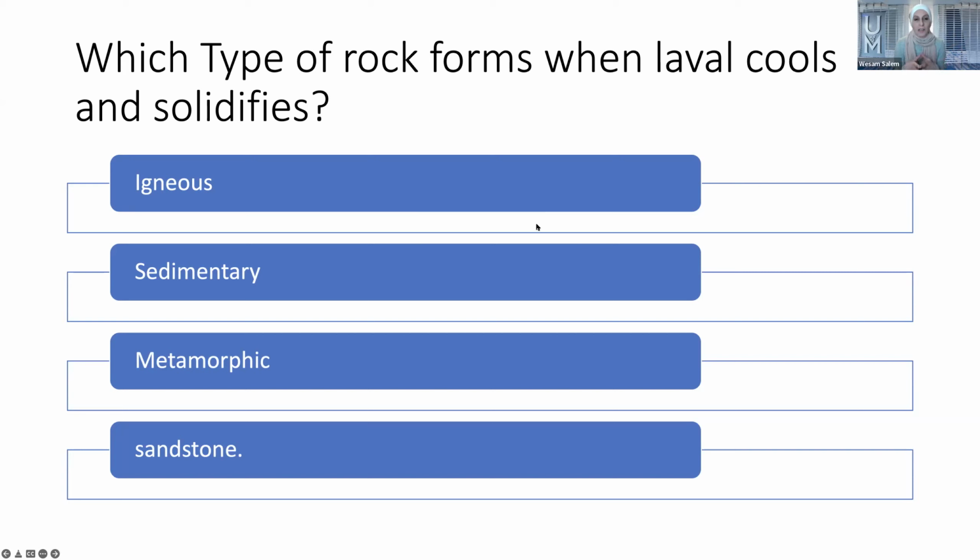Metamorphic is the change from one type to another, and sandstone, we know what sandstone is. So the igneous seems the most probable answer to this question, and you are right. It is igneous. That's the correct answer.